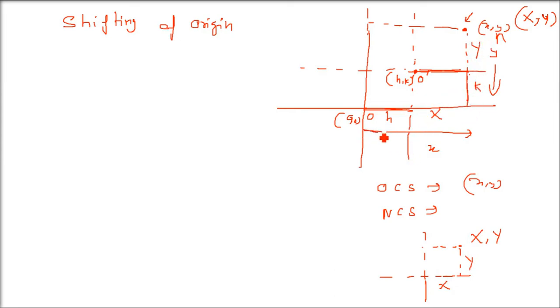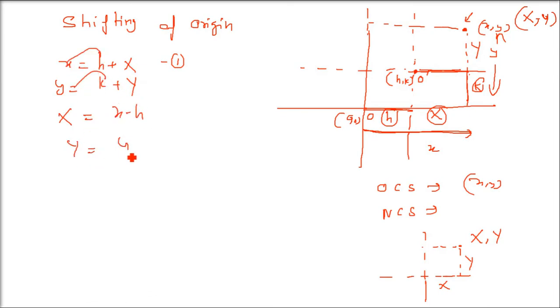Now see, there is a relationship. Small x is equal to h plus capital X. It's very obvious from the diagram. And small y equals k plus capital Y. So capital X will be equal to x minus h, and capital Y will be equal to y minus k.